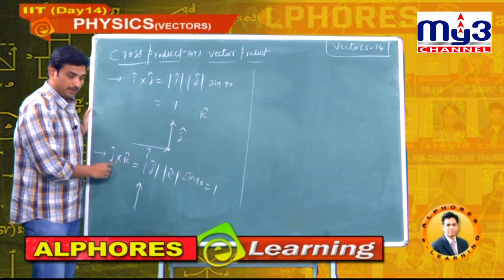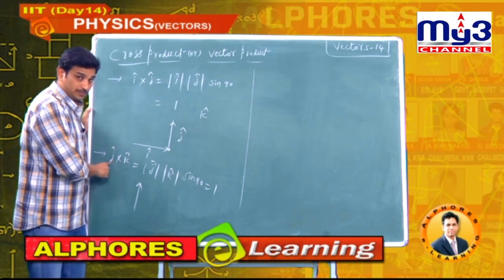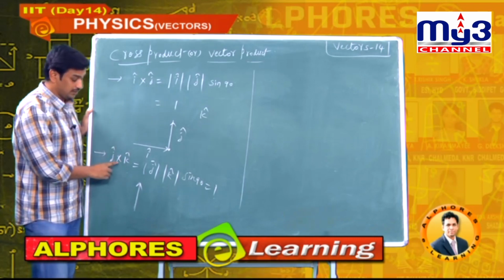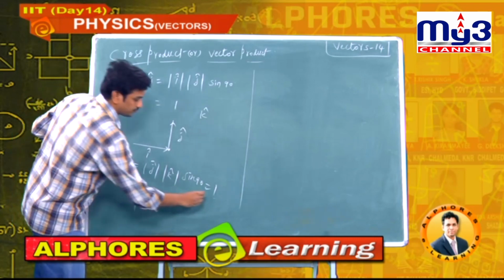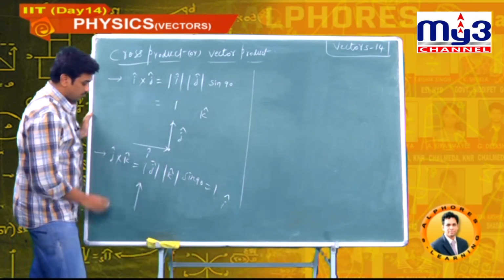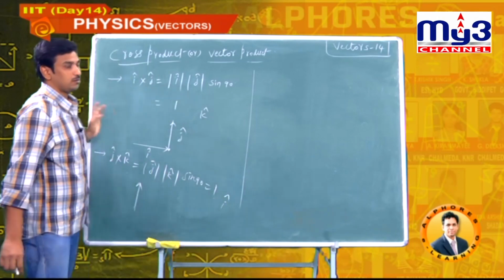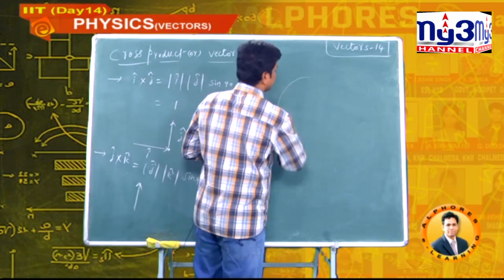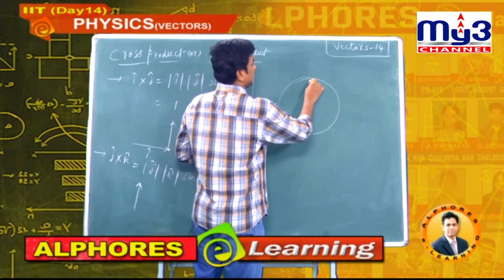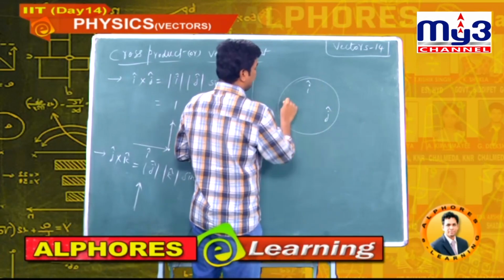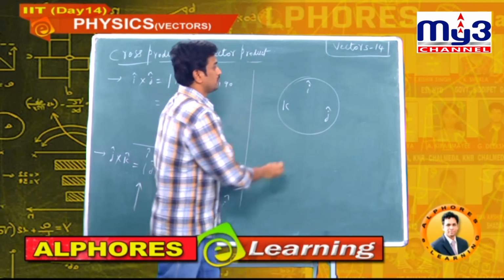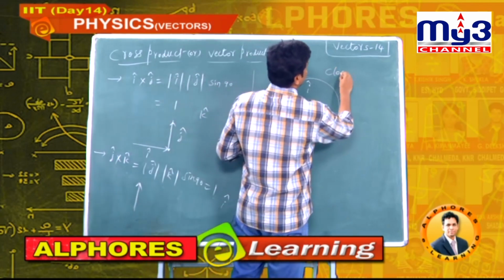These two are in the YZ plane, and perpendicular to this is the x axis, the I cap direction. So the direction of this is I cap. Now I will write a circle: I cap, j cap, k cap, observing clockwise.